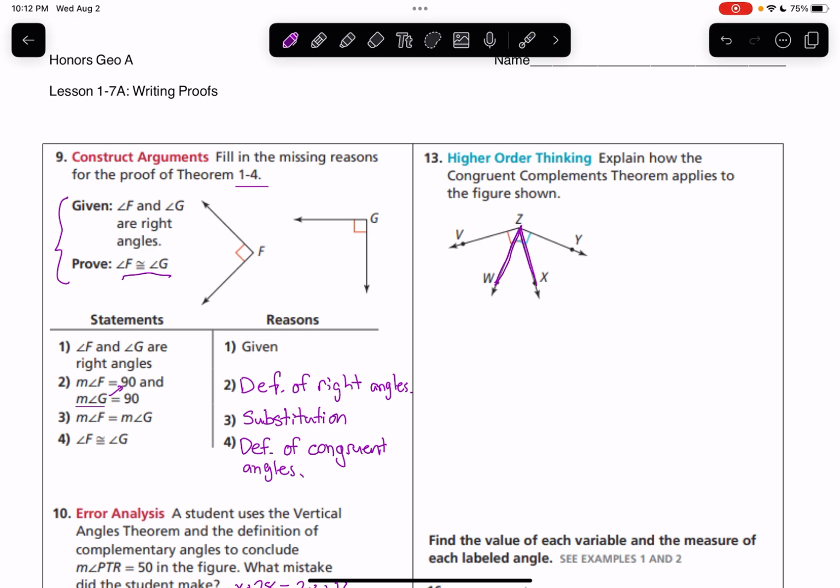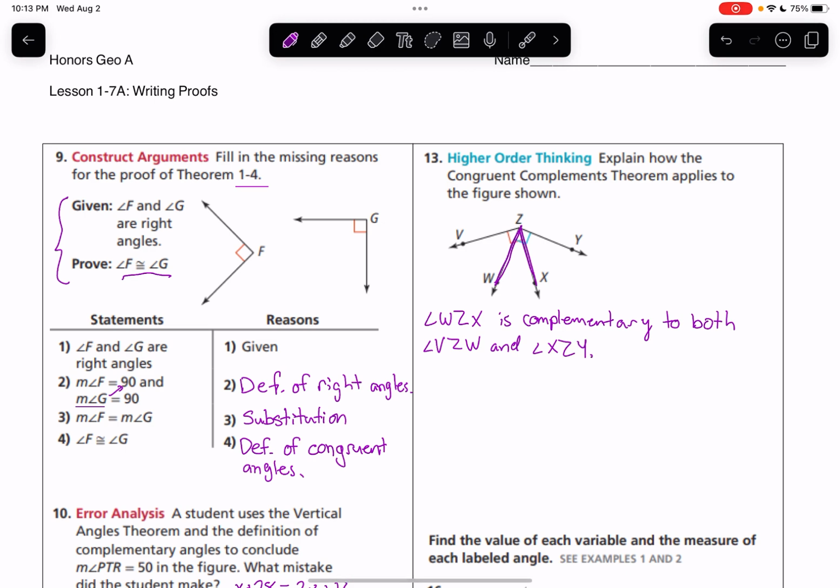So let's write that out. We can say angle WZX is complementary to both angle VZW and angle XZY.